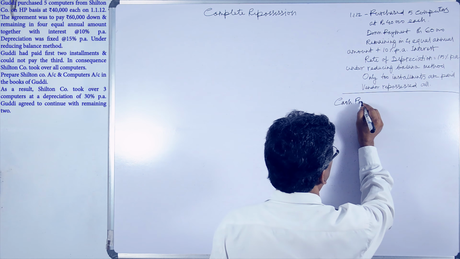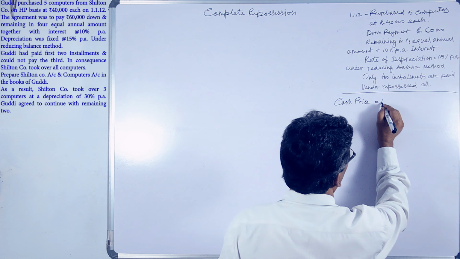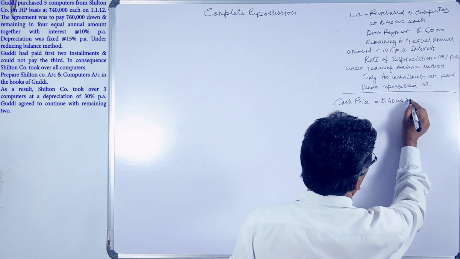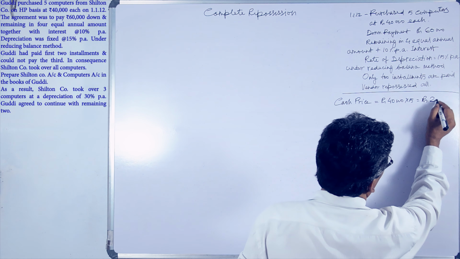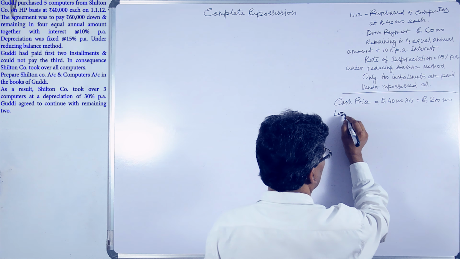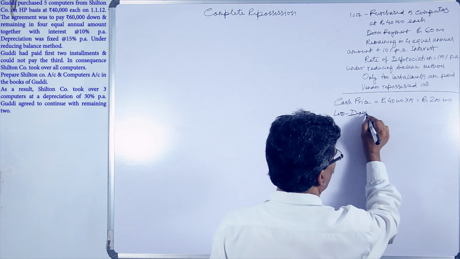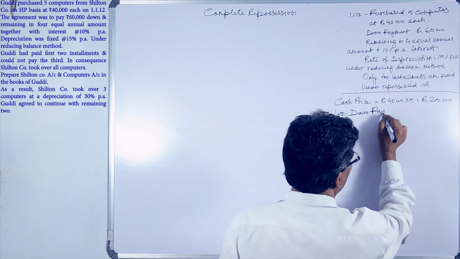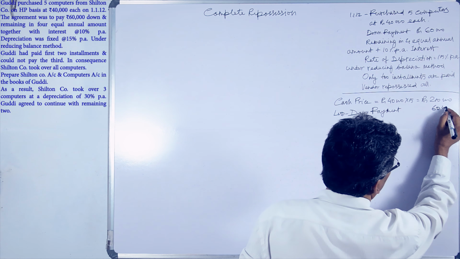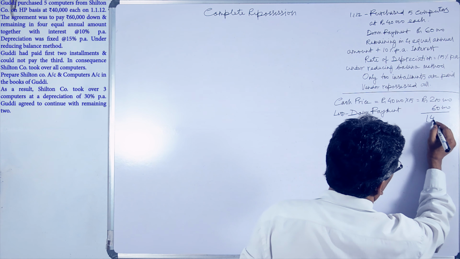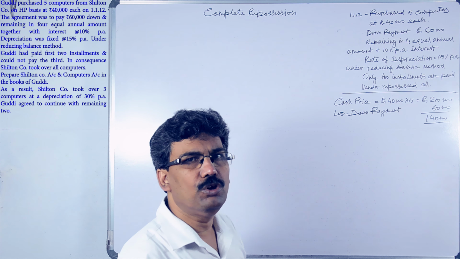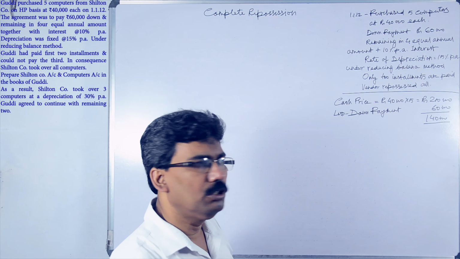Cash price: 1 computer is 40,000, then 5 computers are rupees 2 lakh. Less down payment of 60,000, the remaining amount is 1,40,000. This 1,40,000 is to be paid in 4 equal annual amounts.